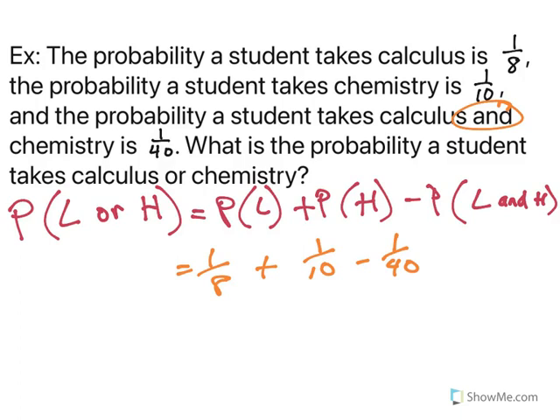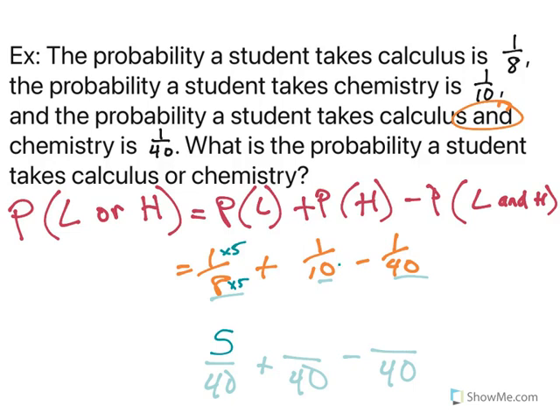So now let's think through this. To add and subtract fractions, we need a common denominator. So 8, 10, and 40 all go nicely into 40. Let's change all our denominators to 40. First, 8 times 5 is 40, so I multiply the numerator by the same number, 5. 1 times 5 is 5.